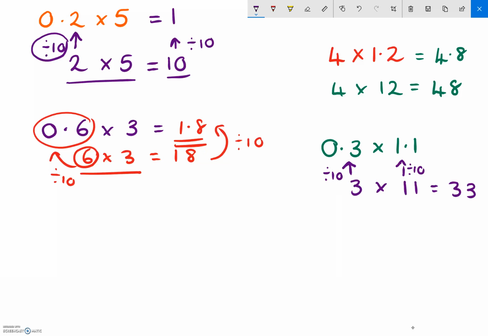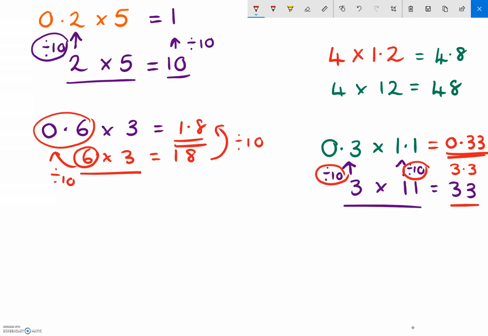That's what's been done to my question. So if I look at my answer, I need to divide by 10 and then divide by 10 again. So dividing by 10 would get me to 3.3 and dividing by 10 again would get me to 0.33. So that would be the answer there.